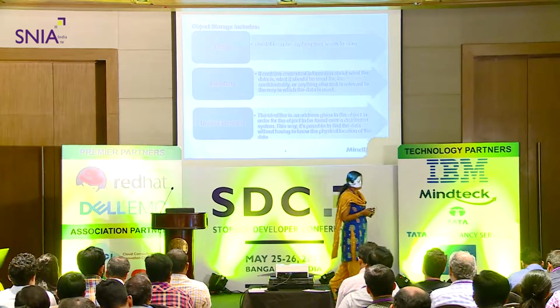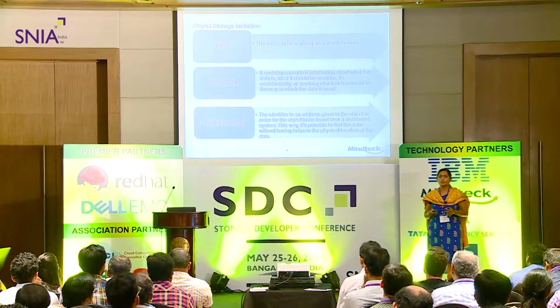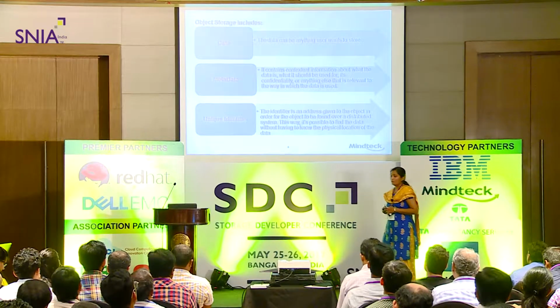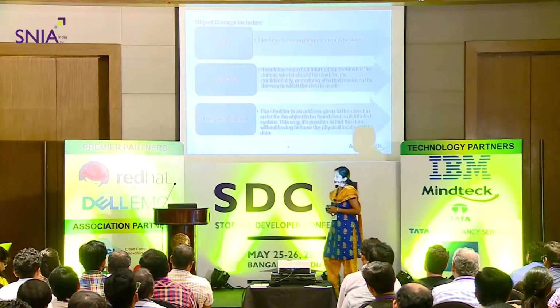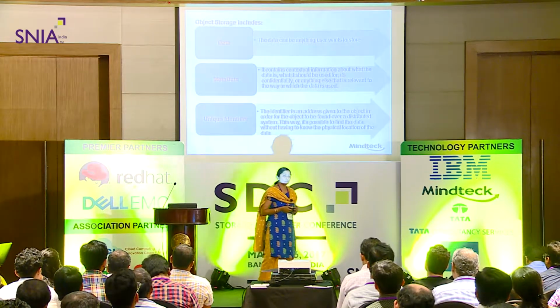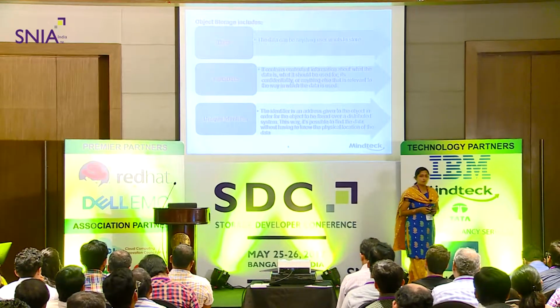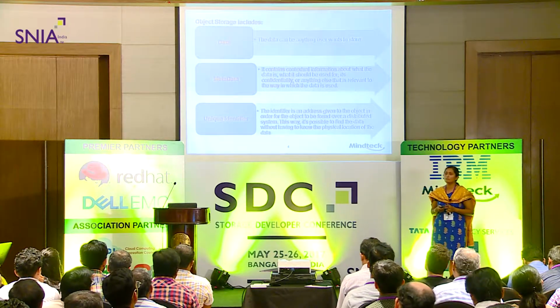So for example, I want to store a song in the object storage. In case of the object storage, one great advantage is that we can customize the metadata. We need not restrict ourselves to the attributes which are provided by the storage system. We can add more information.